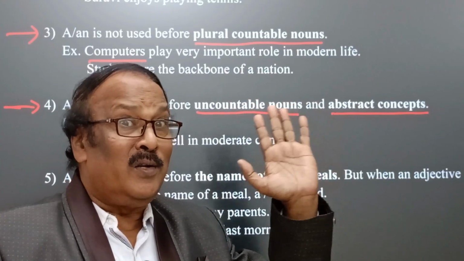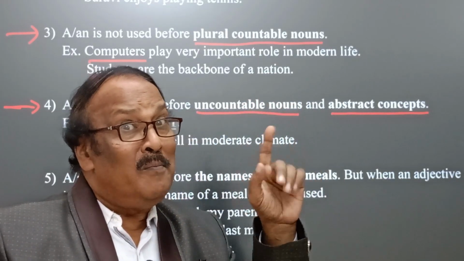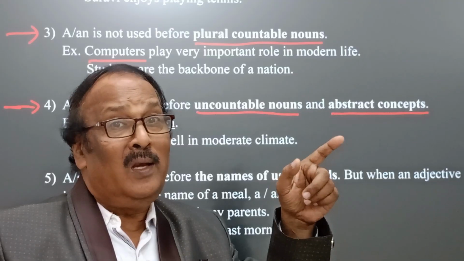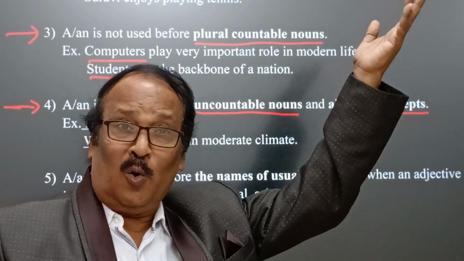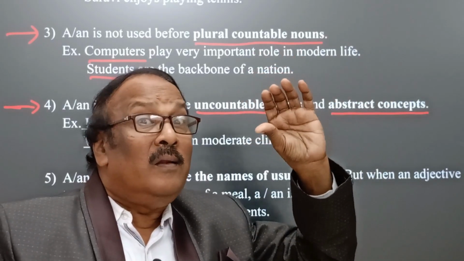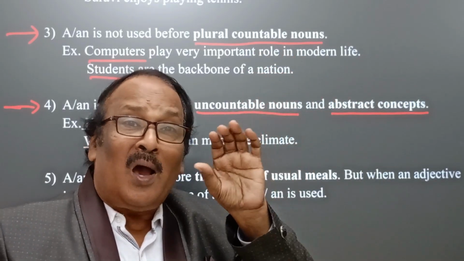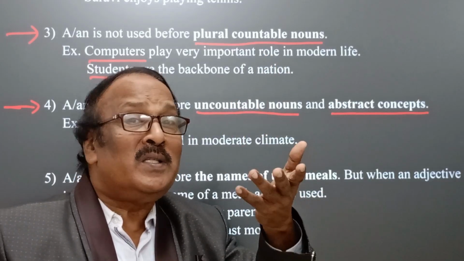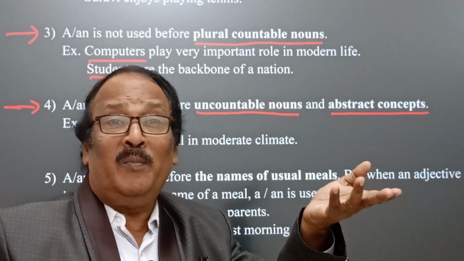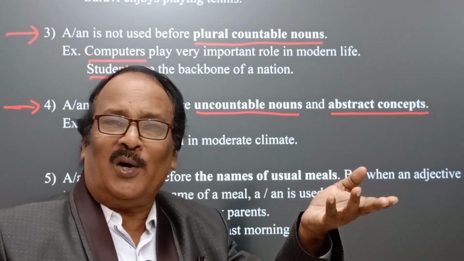Yes, we cannot use article a or an before any uncountable nouns. As we know earlier, the material nouns and the abstract nouns are uncountable nouns because they cannot be counted by us.